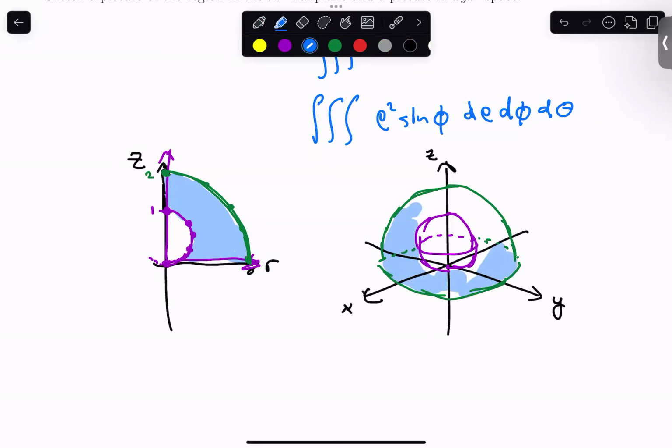So the volume that we're trying to find is this here. Kind of looks like someone's taken half of a watermelon and scooped out some in a difficult way.